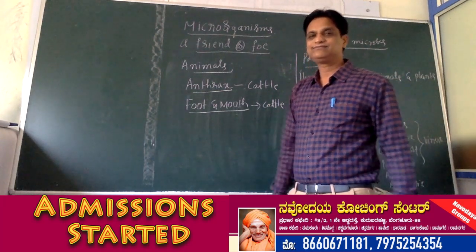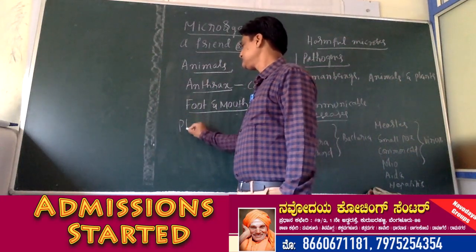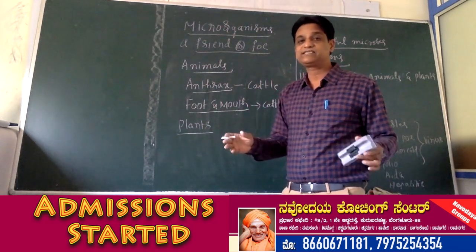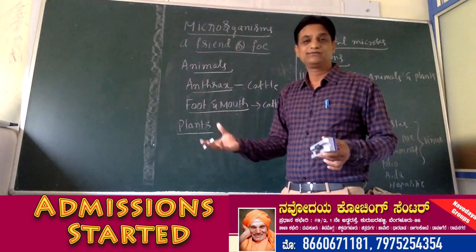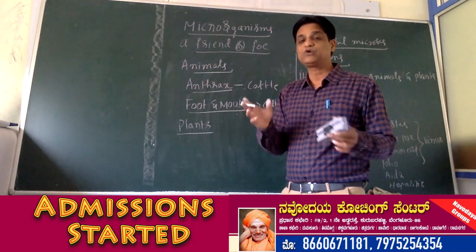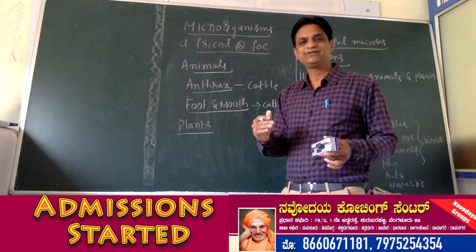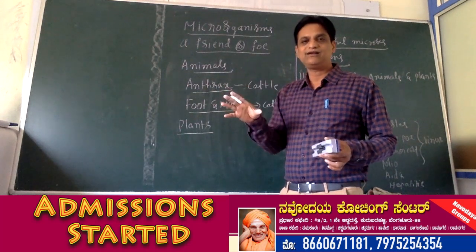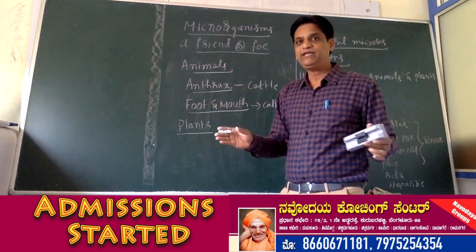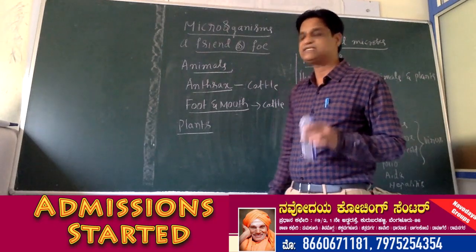Again, foot and mouth disease is also found in cattle. Okay. And there are some microorganisms which can cause diseases in plants. A number of diseases are caused by microorganisms to crop plants especially. So when crop plants suffer from those diseases, what happens? Generally, yield decreases. So you cannot expect photosynthetic activity to the maximum extent, and as a result yield will be less. So which are the examples of diseases that are caused by microorganisms in plants?